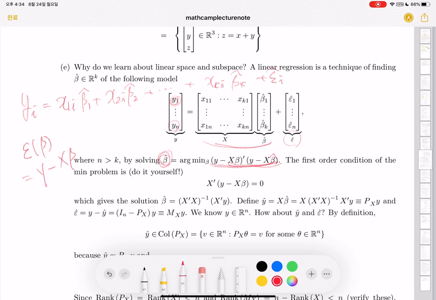So beta hat, the first order condition of this minimization problem is this.